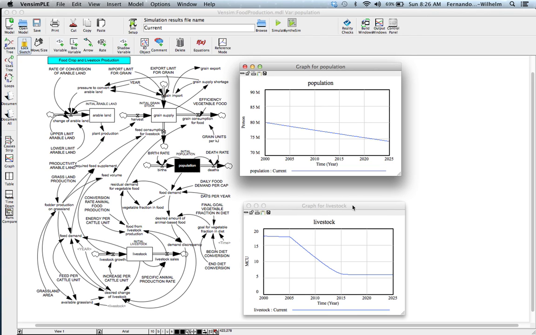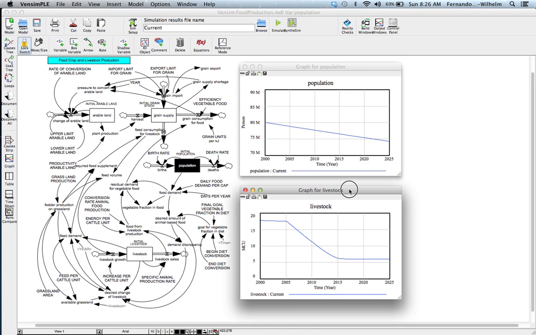Let's take a look at the livestock, and as a result of this, you can see the two limits. These are in million cattle units for any given year. Remember the conversion takes place between 2005 and 2015.